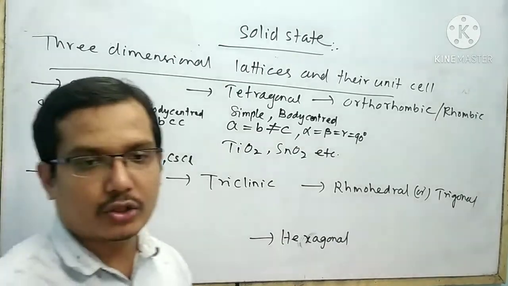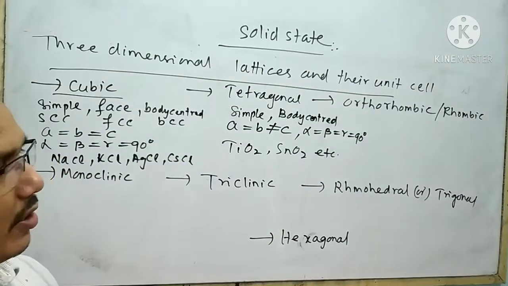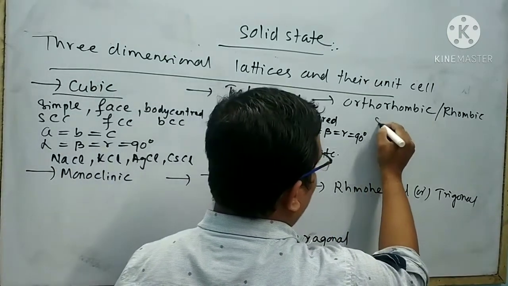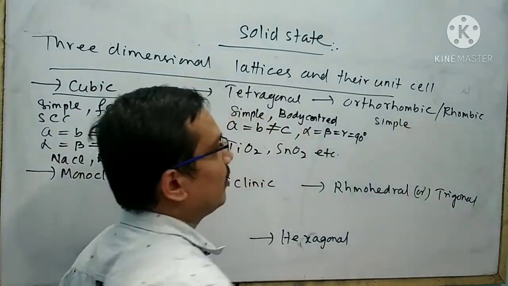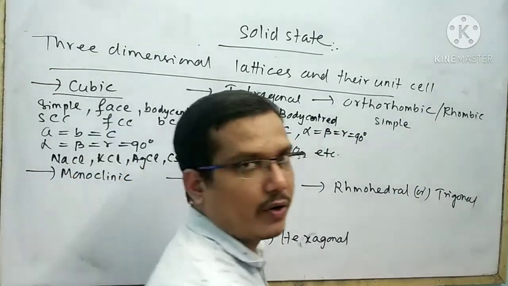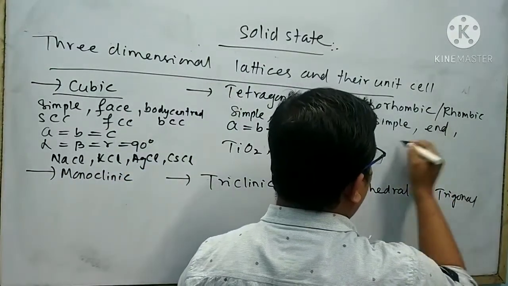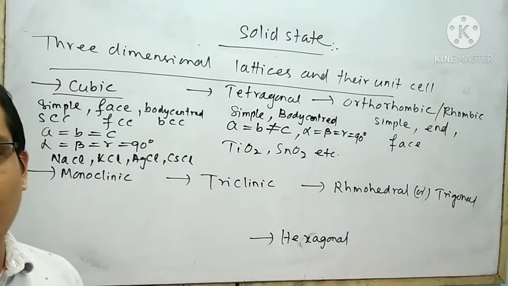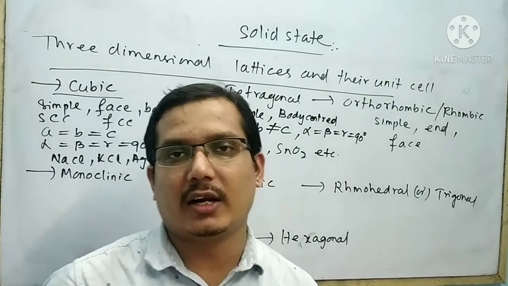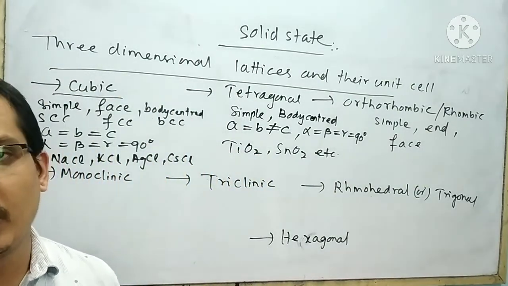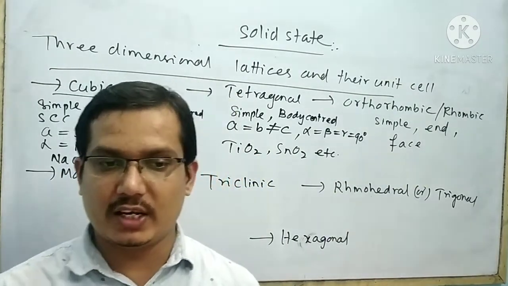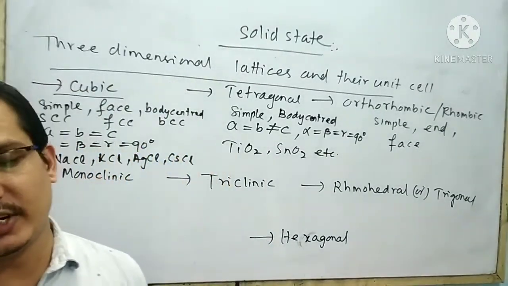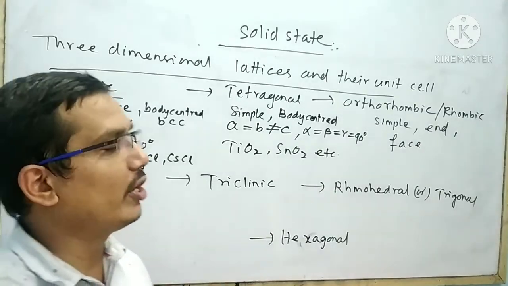Next is your orthogonal or rhombic unit cell. In this case, generally a simple unit cell is possible, also end centroid, face centroid, and body centroid unit cells are possible. Four types of unit cell are possible: one is simple, second is end centroid, third is face centroid, fourth is body centroid.